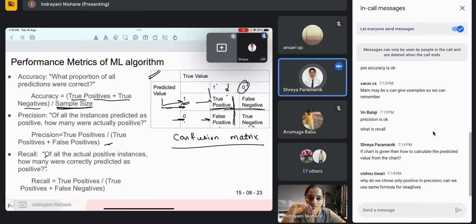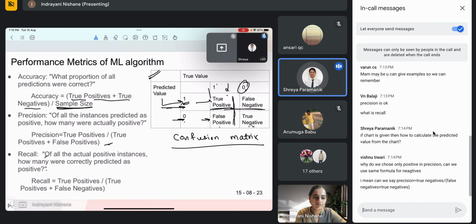Ma'am, I can't understand how they are given and how they are making this chart. Whenever we are solving this problem, we have to make this chart first, and after that we have to solve the problems.